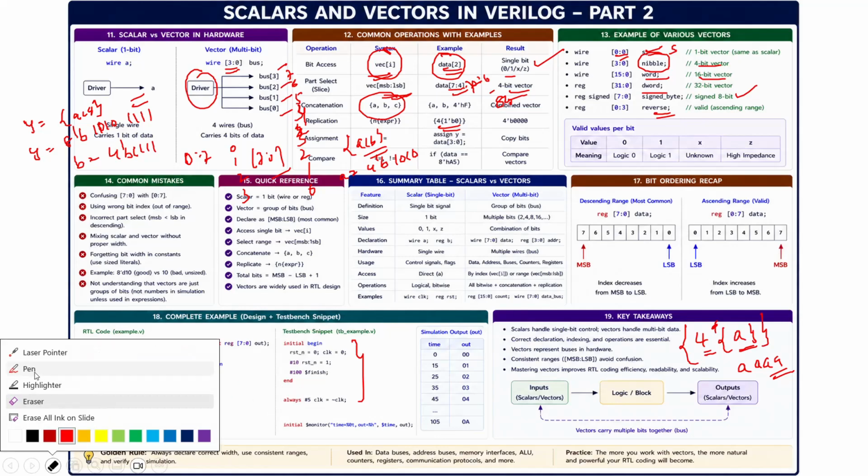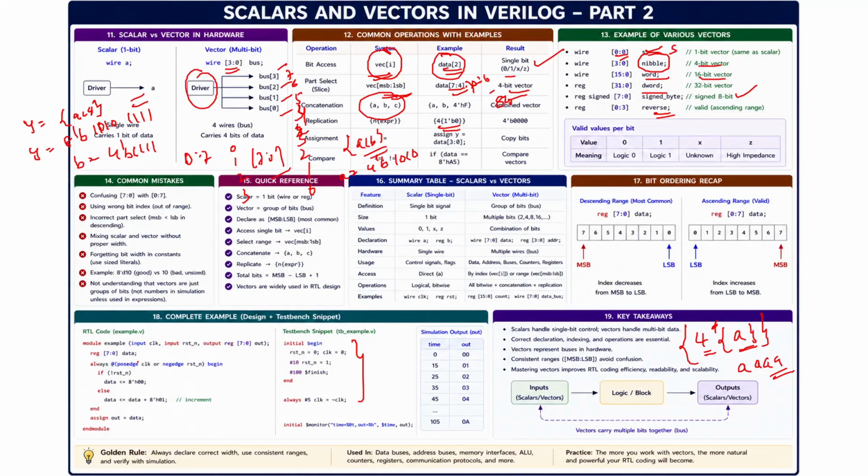He is taking one driver data, that is 8 bit, and then always at the posedge clock. So clock and reset he is taking, and then output reg. This is the registered output he is taking. That register is populating the value.